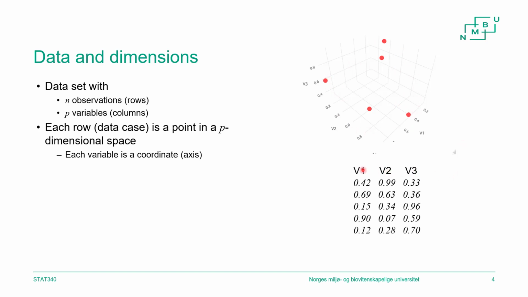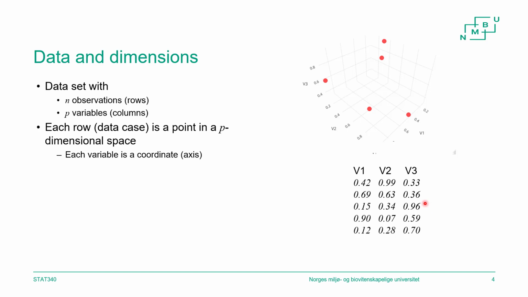Not to mention if we have 10 or 100 or 1,000 columns, it's hopeless. But even with 1,000 columns, we can still think of each data case as a point. It's just in such a high dimensional space that we cannot really visualize it.